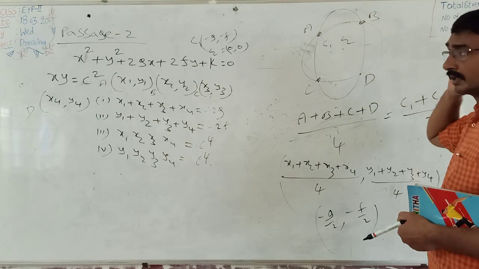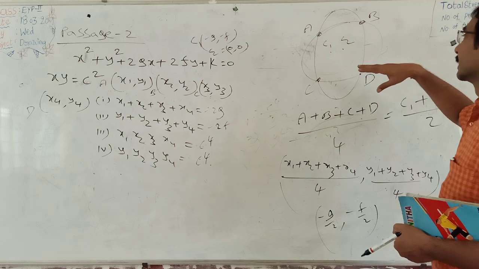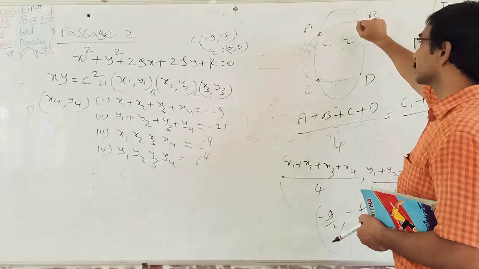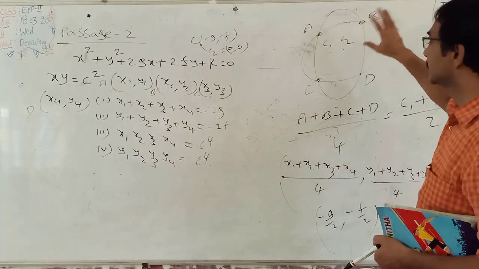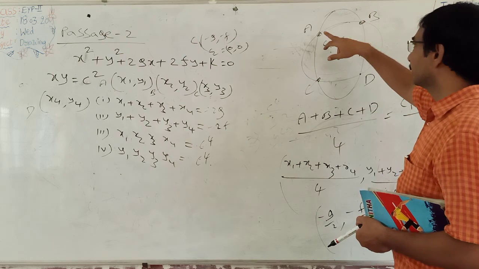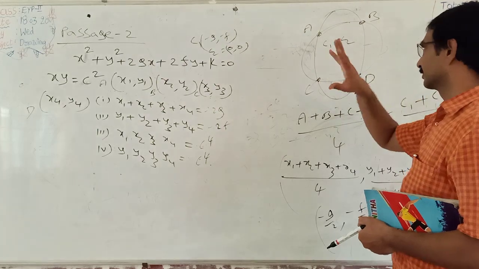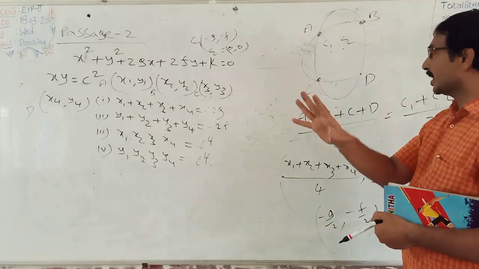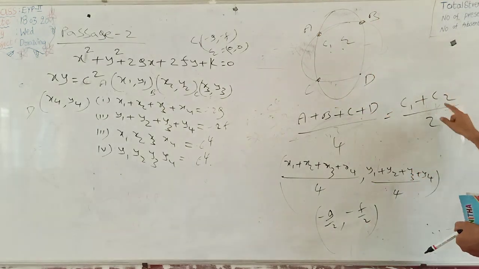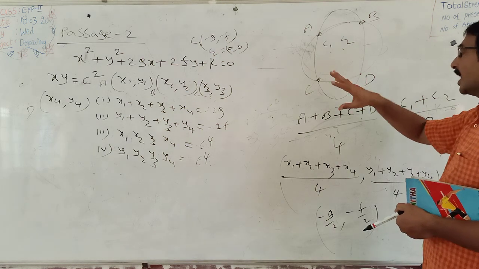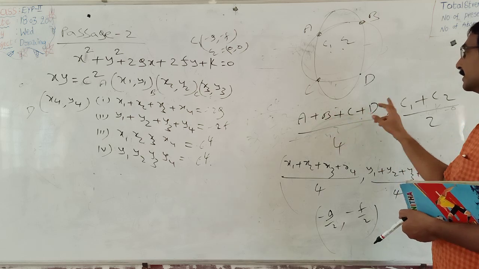Learn this by heart. In advanced problems based on this, they give the two equations of the curves, but in that case there is no procedure to find the centers C1 and C2, while their points of intersection A, B, C, D are given. There are two types of problems: given A, B, C, D, find (C1 plus C2) by 2, or given C1 and C2, they can ask for (A plus B plus C plus D) by 4.